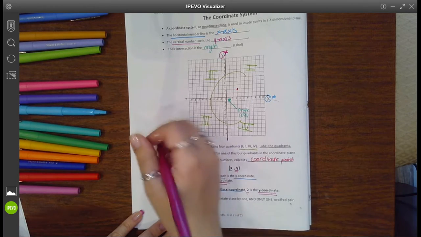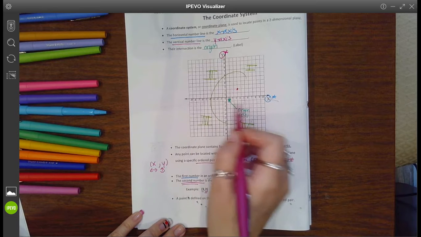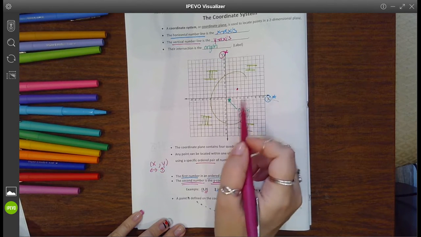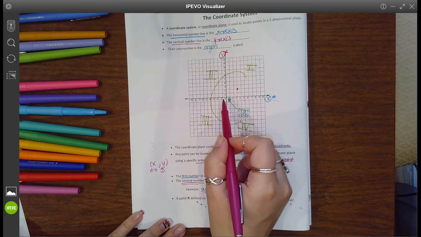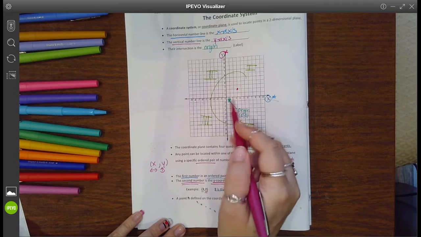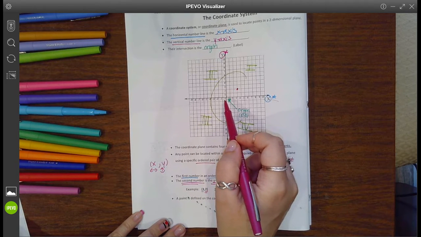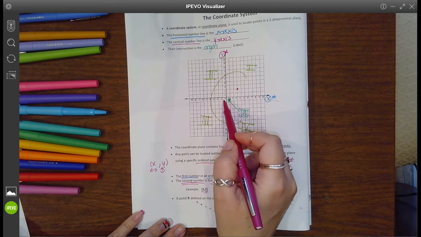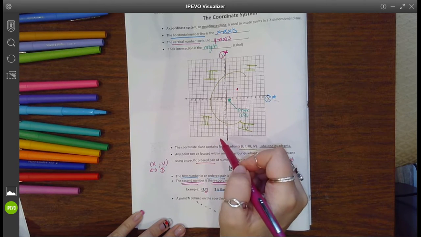So it makes sense that on a number line, the x-axis, where do you think positive numbers are? Yeah, to the right. Where do you think negative numbers are on the x-axis? Yeah, to the left. Okay, where are positive y values? Up. Where are negative y values? Down.